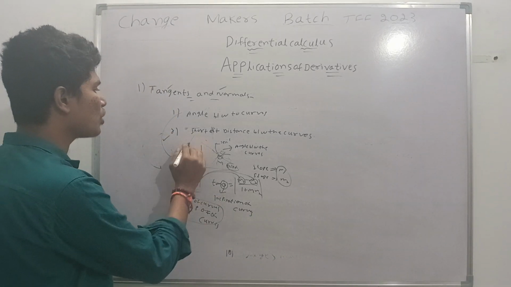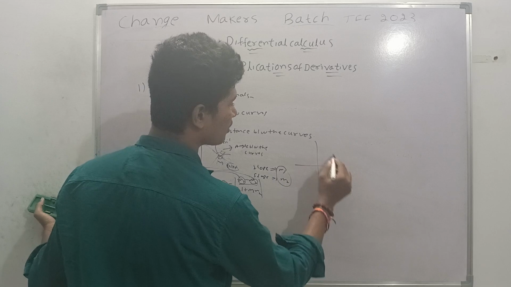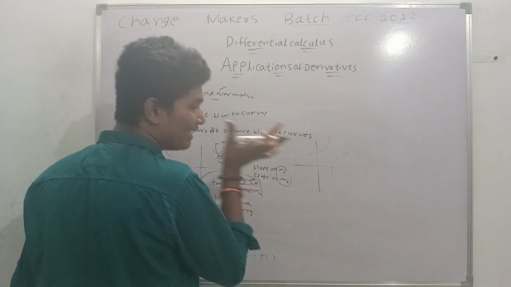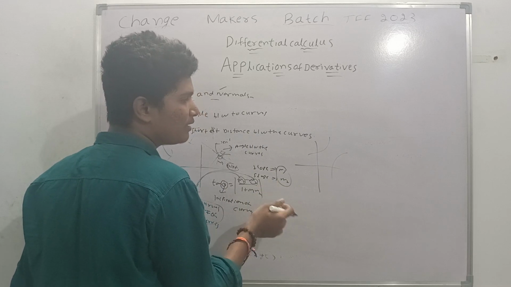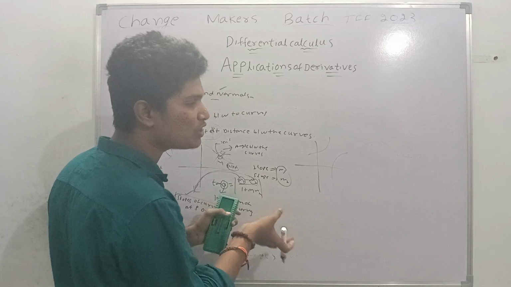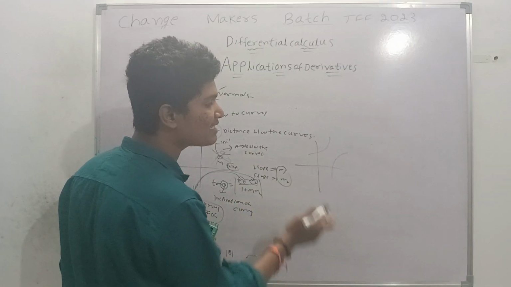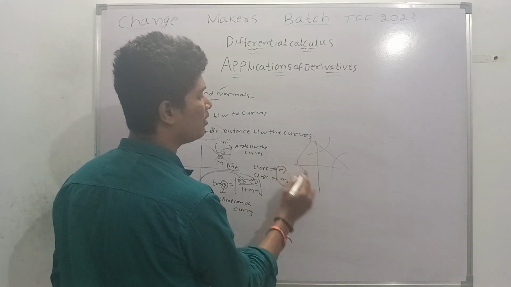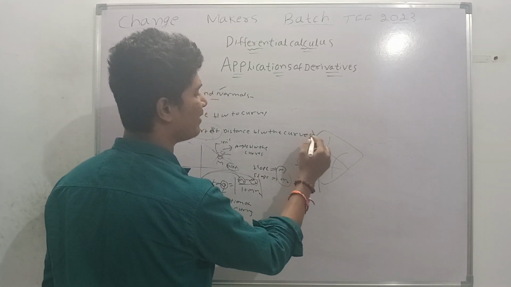Now let's discuss the shortest distance. Suppose these are the two curves. If you want the shortest distance between these two curves, the shortest distance is lying along their common normal. It is a very important thing. The coordinate geometry is also explained in great detail.